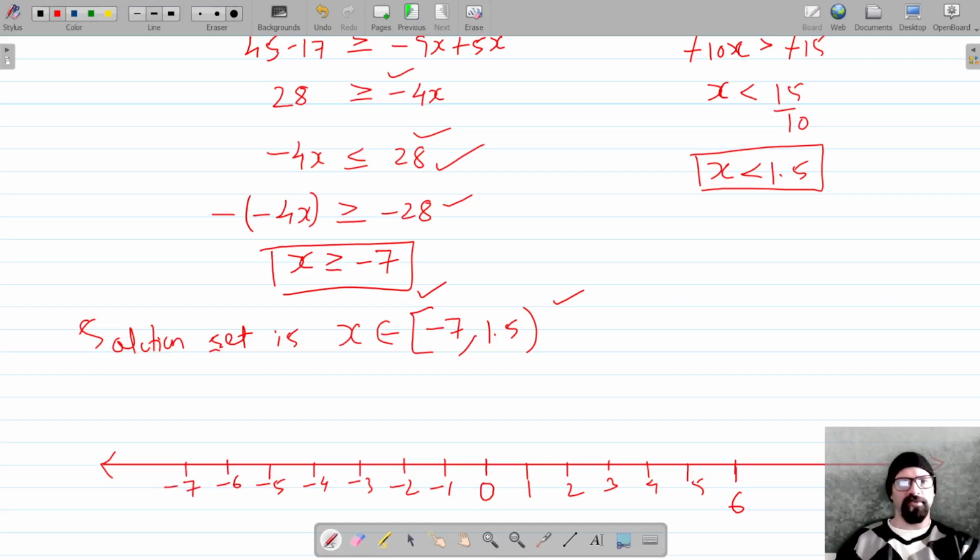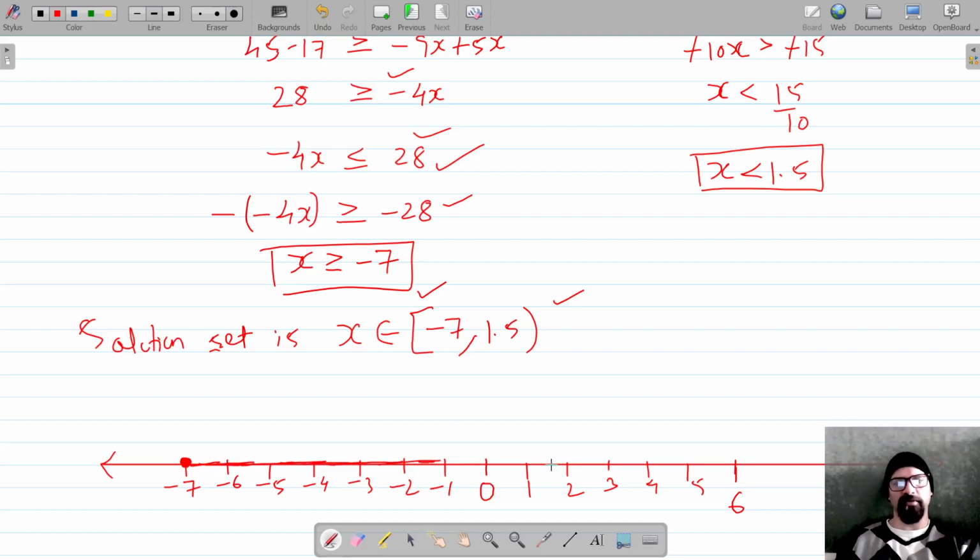So our solution set begins from negative 7 because negative 7 is included. So I'm going to have a dark circle here because negative 7 is also included. So it includes the numbers greater than negative 7. That means we have to shade this line, make this line dark till 1.5.